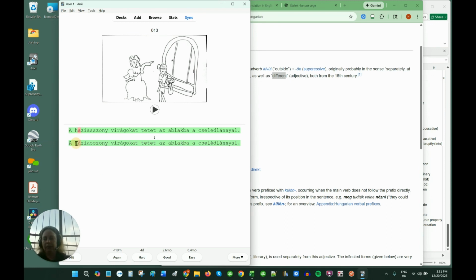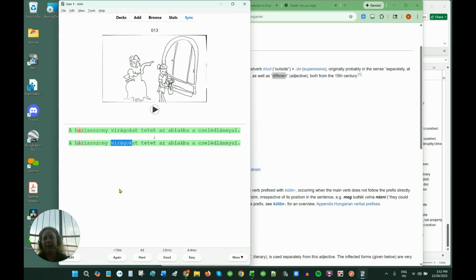So the woman of the house, so hazi and asszony is the woman. Virágok, so flowers. So she's having the flowers be put on the window by the maid.